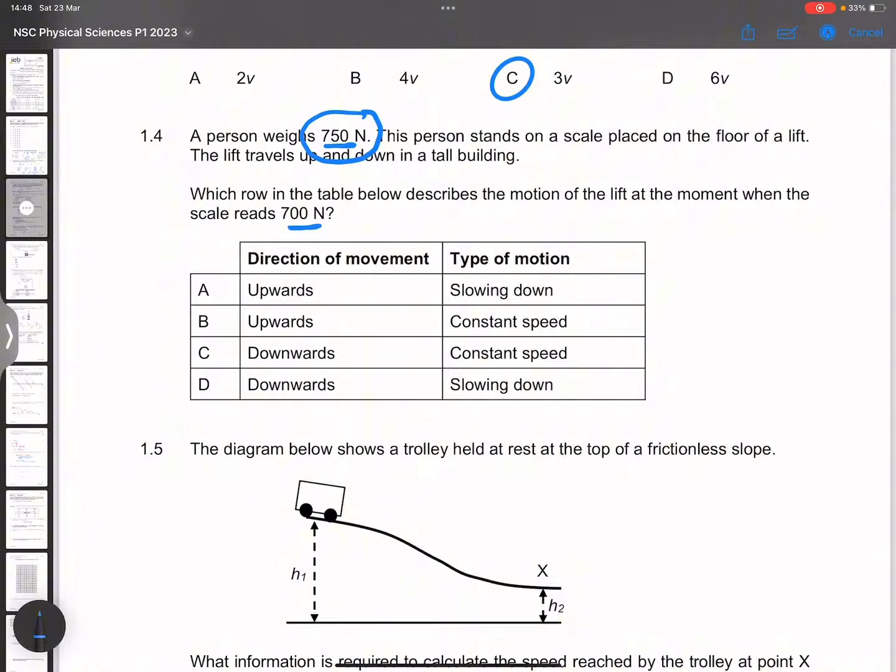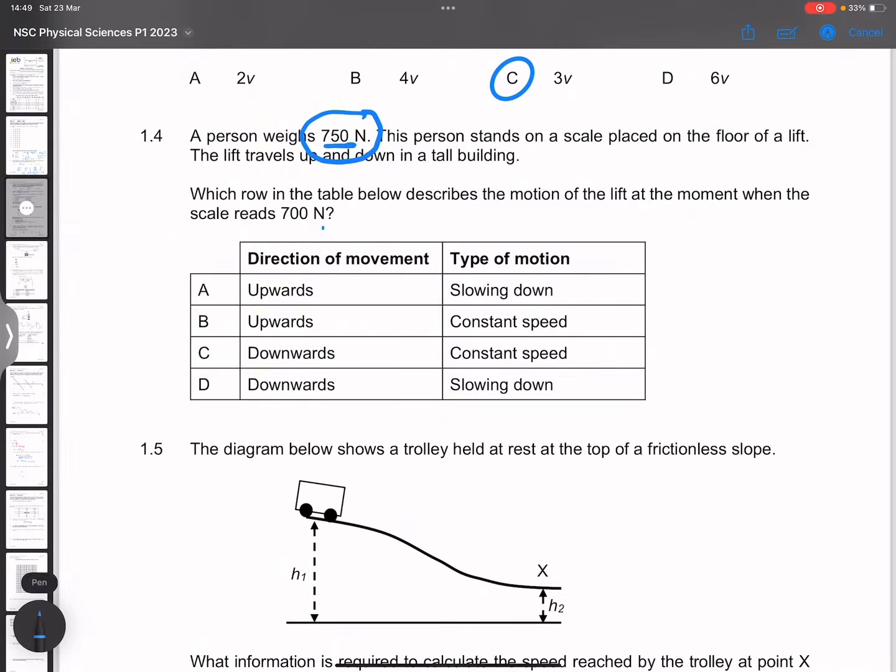suppose the lift is moving up and it's accelerating. What the scale will read is the force that is applied upwards. So in that case, the force up would be the one that is greater, if it's accelerating. But if it has to read less, if the lift was going down, it would definitely read less. But let's see the options that are given.